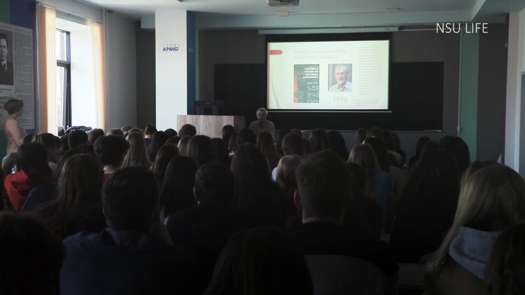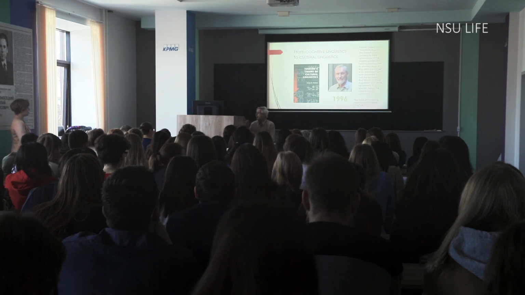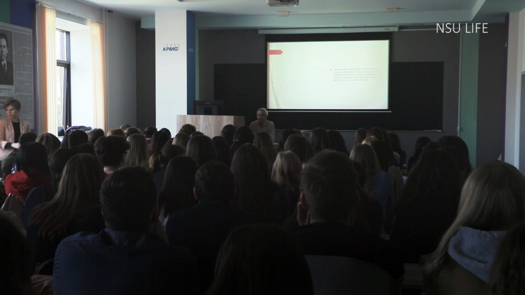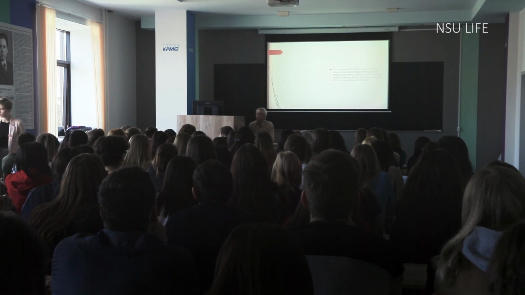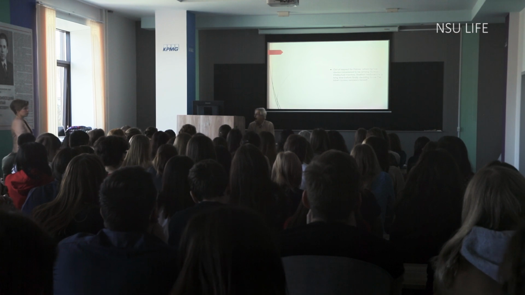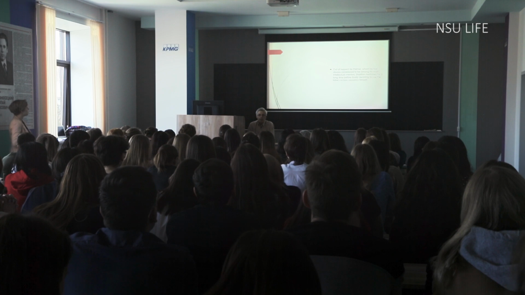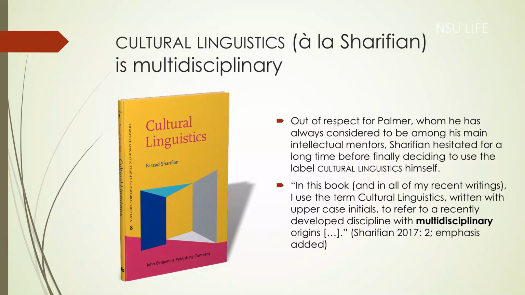Okay, so this particular book left a lasting impression on Farzad Sharifian and is in fact one of the starting points for his own research into what he eventually came to call cultural linguistics. But out of respect for Palmer, whom he has always considered to be among his mentors, Sharifian hesitated for a long time before he would call his own approach cultural linguistics.